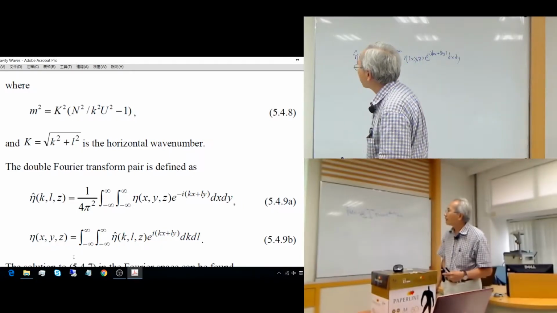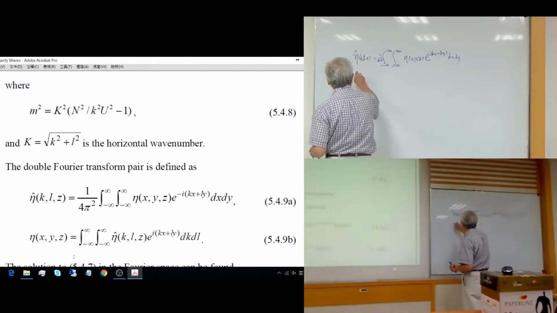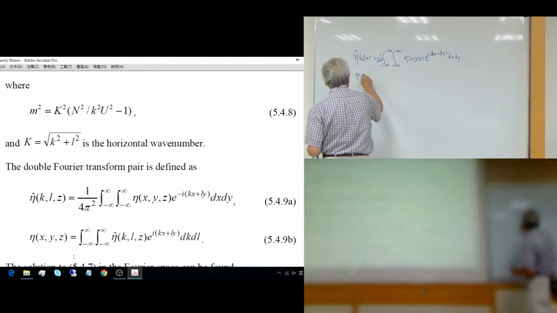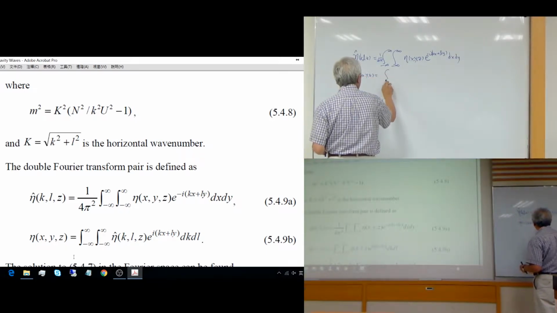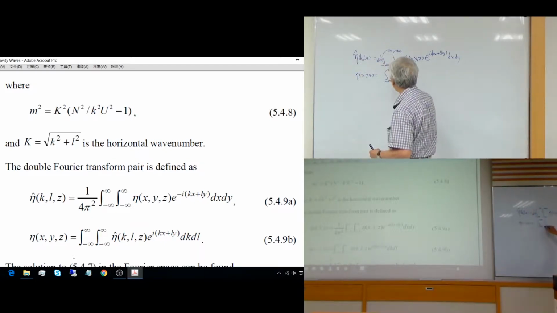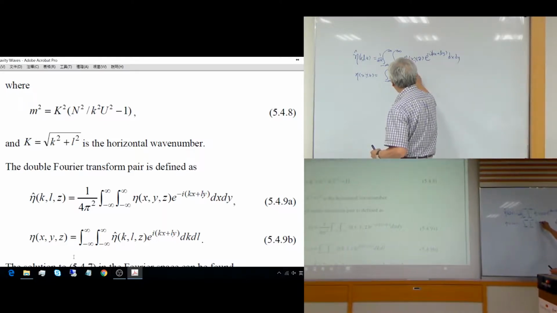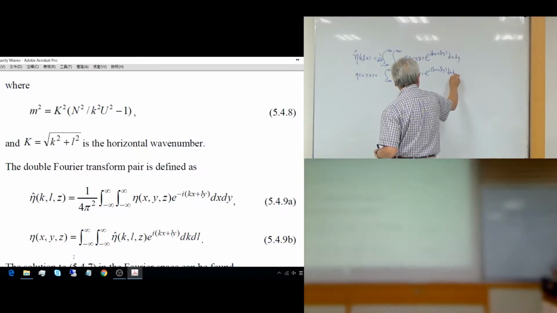And then the inverse Fourier transform will be eta of x, y, and g equals the integral from negative infinity to positive infinity, and then negative infinity to positive infinity, of eta hat of k, l, g, and e to the i (kx plus ly), and then dk dl.